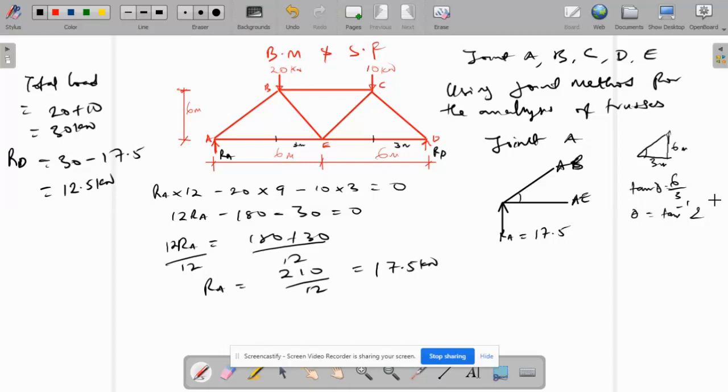So here we have our angle as, since this is an angle where two sides are equal, this side and this side are equal.